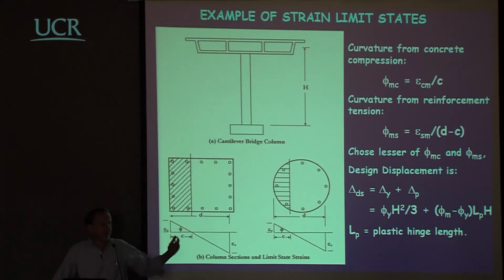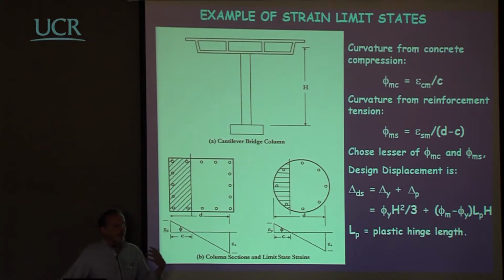I'm repeating some stuff that Nigel has already presented, but I think it's worthwhile to repeat things to have a clear idea of what happens. And if you now know the yield curvature, and you know that you have a structure which is free on the other side, you are going to have a triangular distribution of curvature, and it's very straightforward to integrate that curvature to get rotation and to integrate again, multiplying by a distance, to get a displacement.